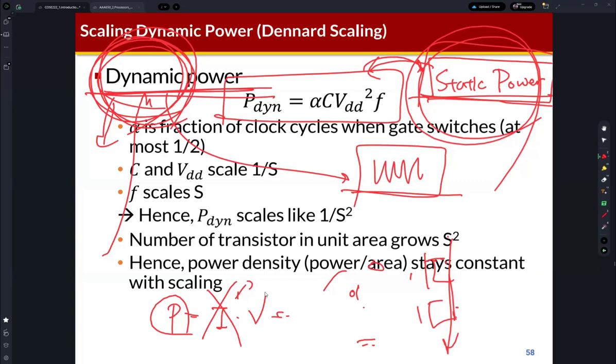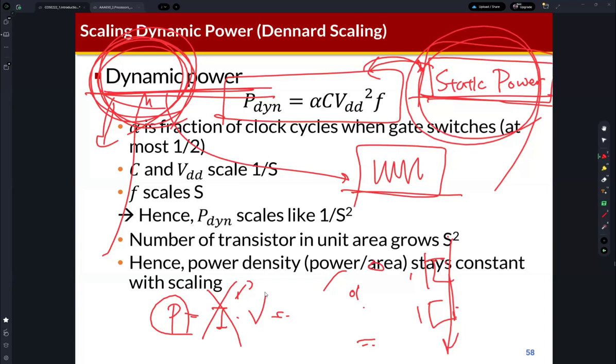Okay, so why? Because as the transistor size is reduced, the transistor cannot work as a perfect switch. So even though the transistor is off, the current flows.